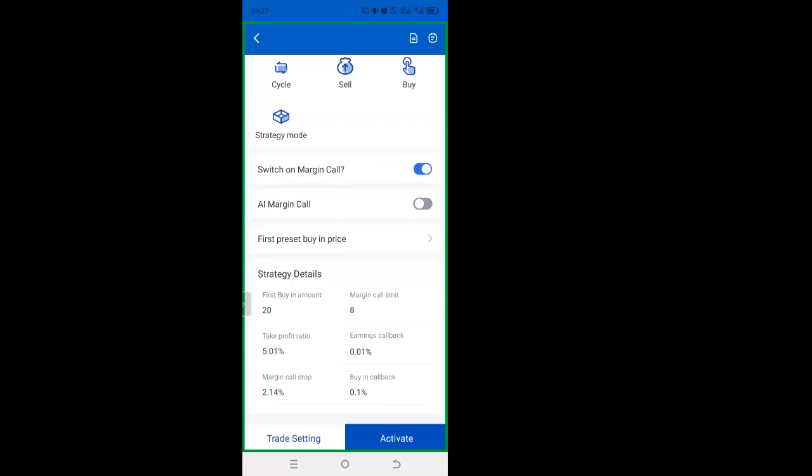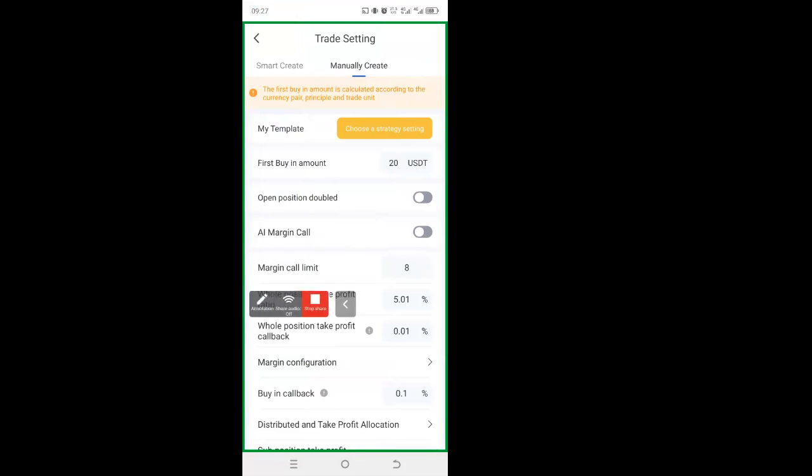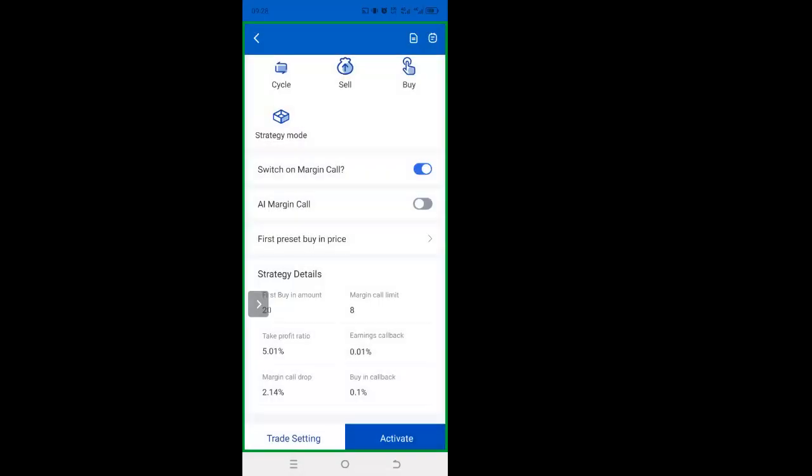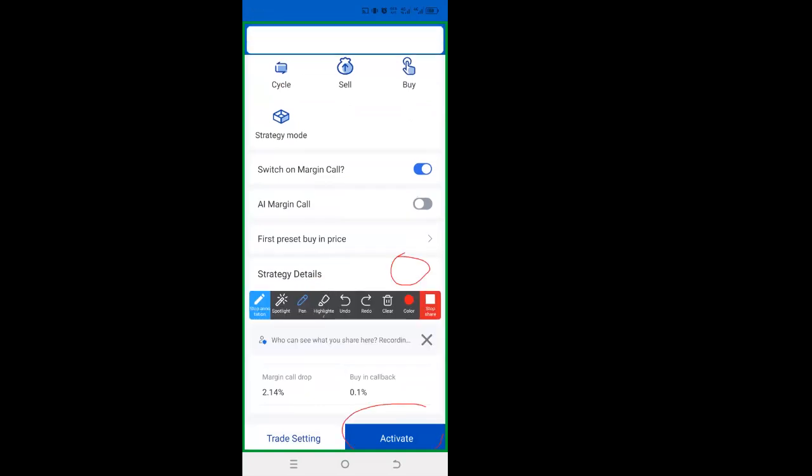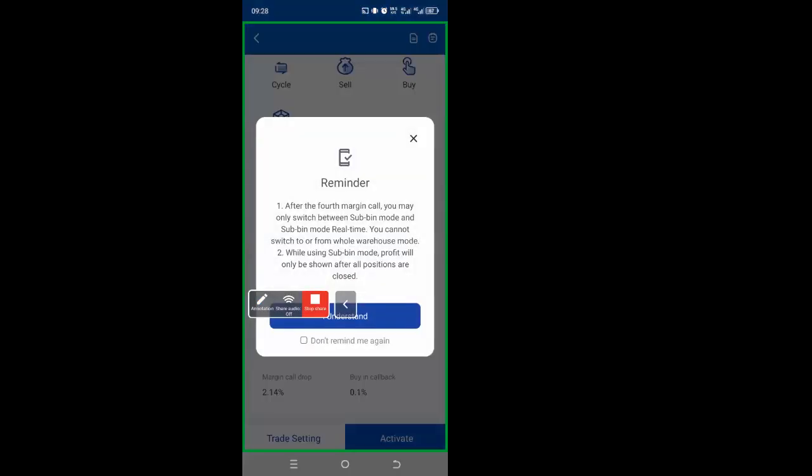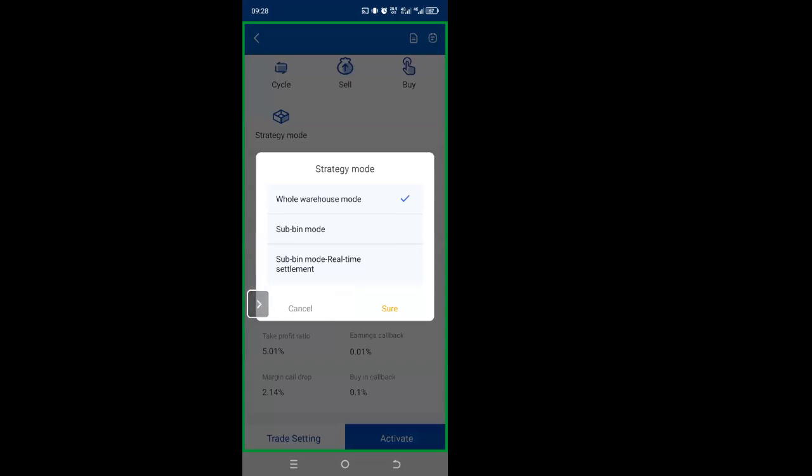Assuming you have put your margin call limit as 8, but as you're starting your trade, you forget to put your strategy mode to sub-bin mode or sub-bin mode real-time settlement, and you leave your trade on the whole warehouse.